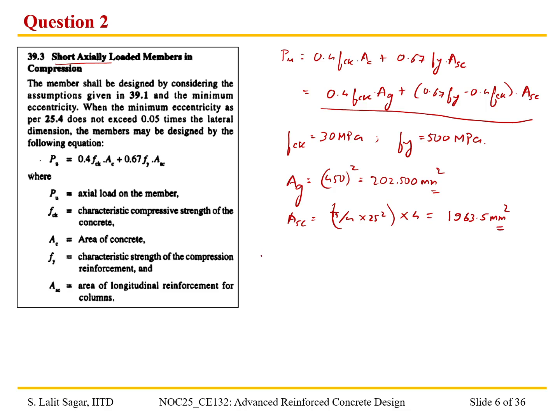Okay, let us plug all these values in this particular equation and try to find out the actual capacity. Okay, so Pu is equal to 0.4 into 30 into 202500 plus 0.67 into 500 minus 0.4 into 30 multiplied by 1963.5.